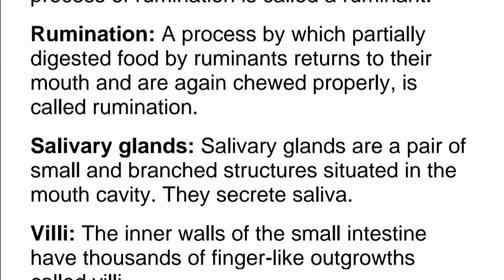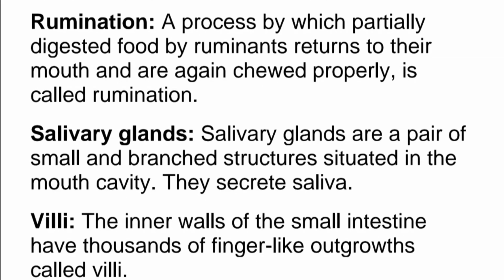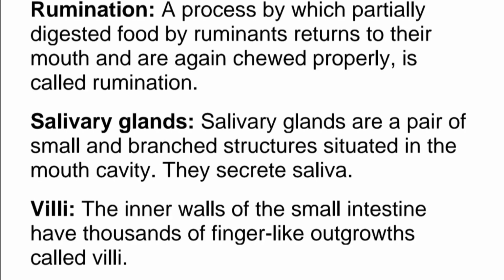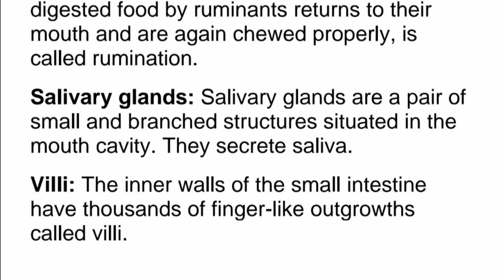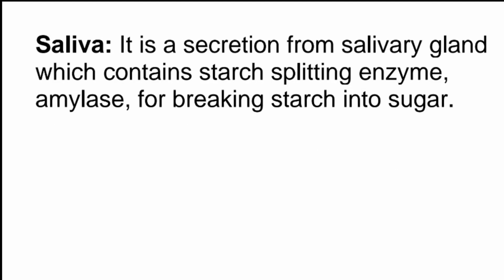They secrete saliva. Villi. The inner wall of the small intestine has thousands of finger-like outgrowths called villi. Saliva. It is a secretion from the salivary glands which contains the starch-splitting enzyme amylase for breaking starch into sugar.